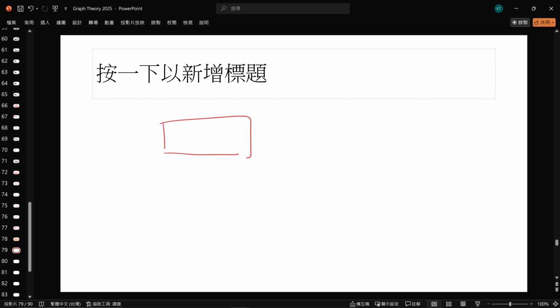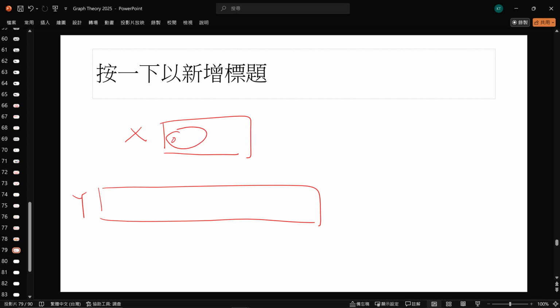So we have X and we have Y, and we can check all the subsets in X, and we are told that they have enough neighbors, such that the number of neighbors is greater than or equal to the size of the sets. And this holds for every possible subset of X.